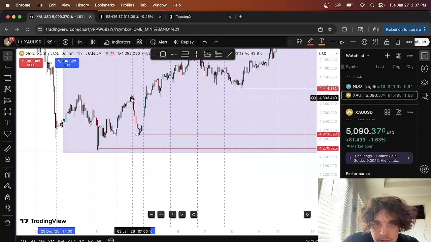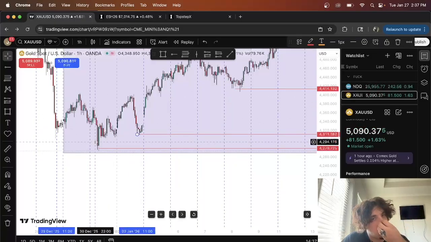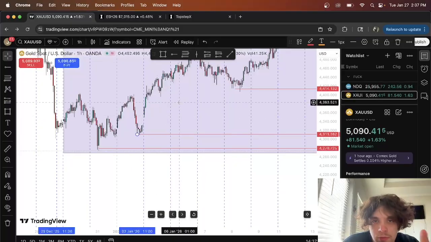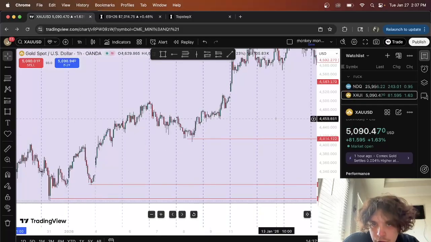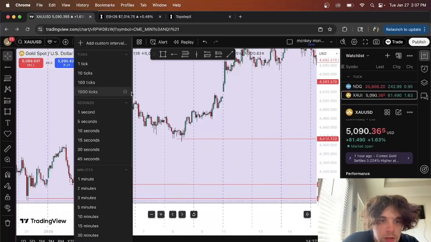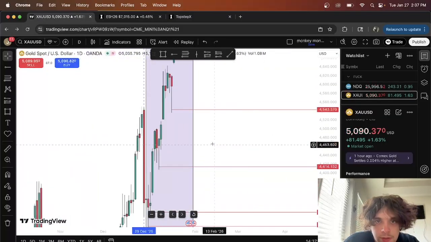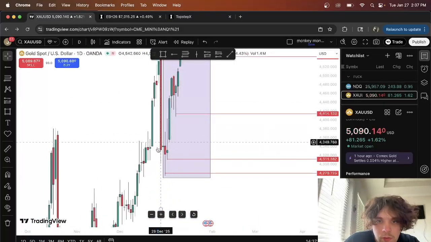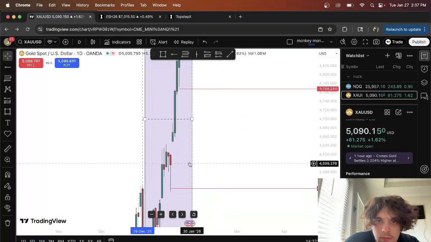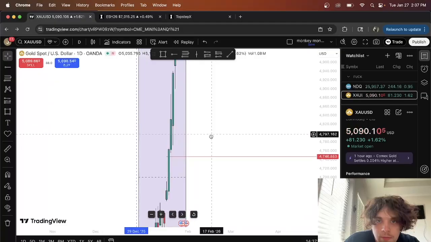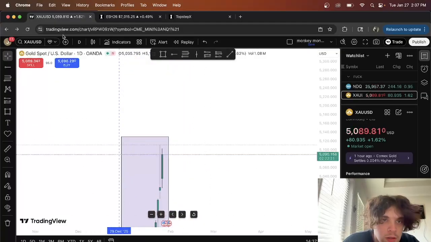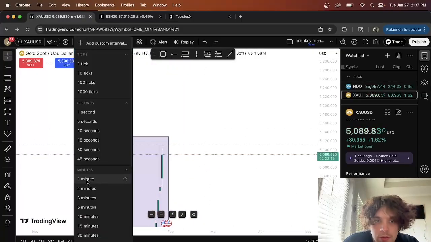And now this is a high time frame bullish trend. High time frame just means on a way higher time frame like the daily, right? What is this going to show us? That all we're doing on this leg is just moving up, moving up, moving up, right? That's all that's showing us.